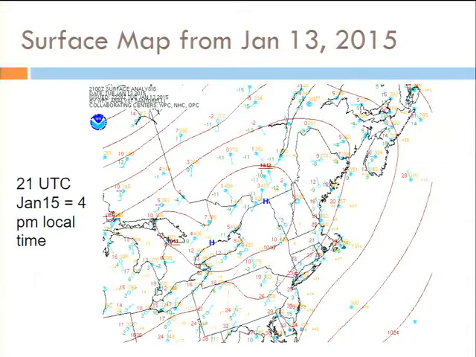These are the observations, and we'll talk more about this a little bit later. These are the observations across North America, or at least a portion of North America. What this is showing you is temperature, dew point, wind, and we'll talk about how to read this map in a little bit.